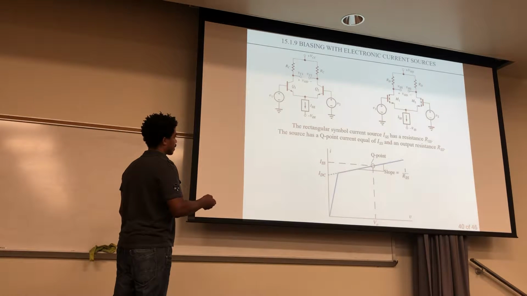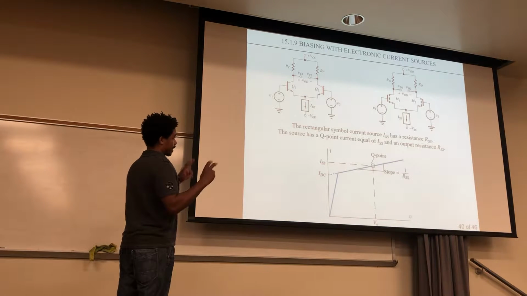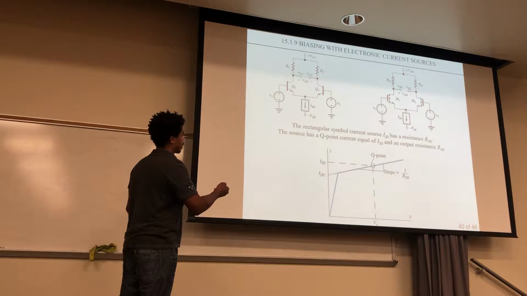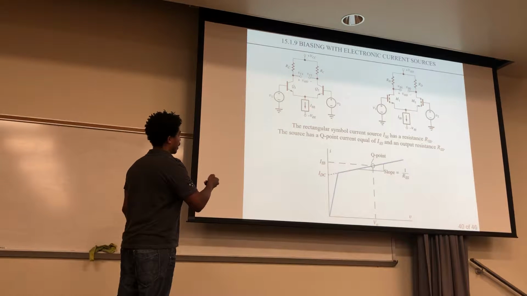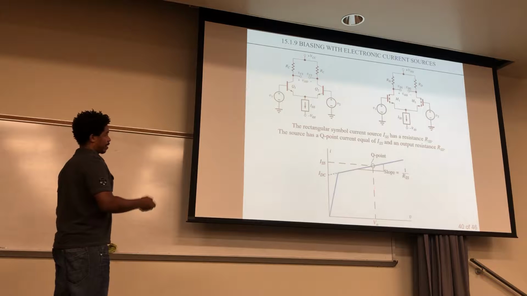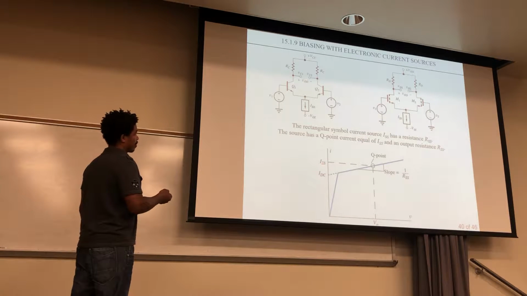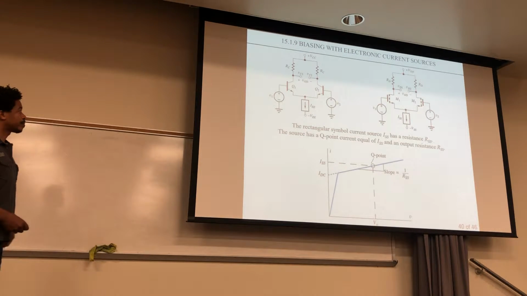The slope of this is the conductance, 1 over RSS. Remember, this was RSS, this was REE, and it's the same thing. This is just for the FET, but if you did it for the BJT, this would be IEE, and this slope would be 1 over REE.